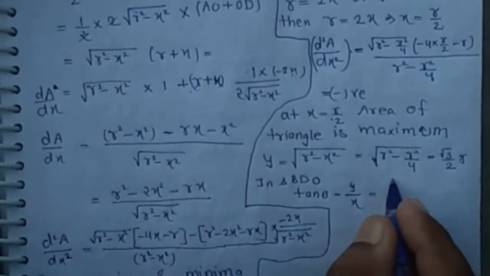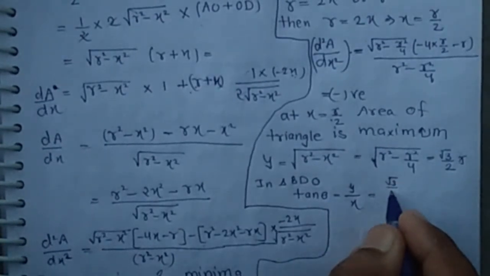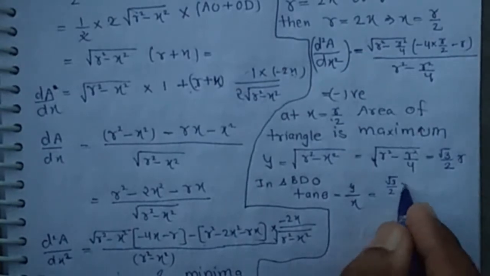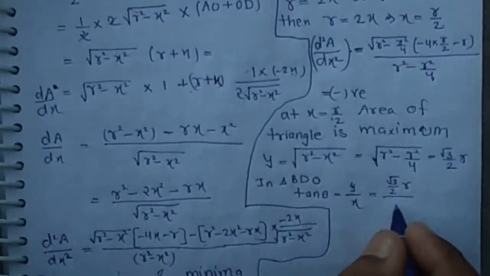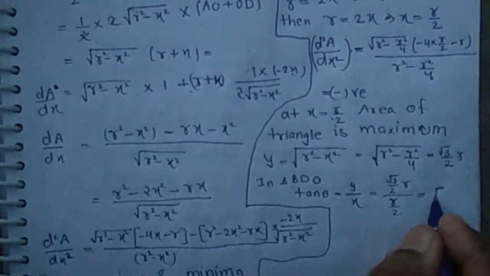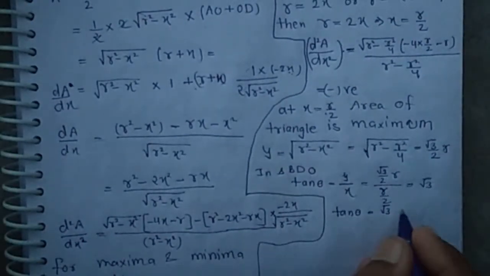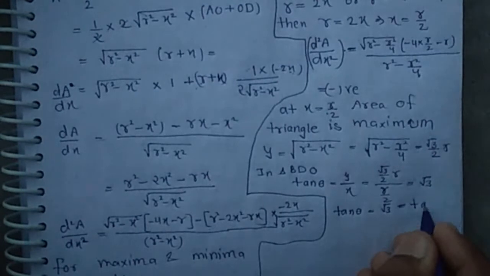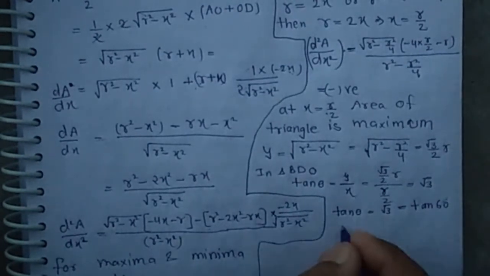The value of y is root 3 by 2 R. The value of x is R by 2. We have root 3. It means theta equals 60 degrees.